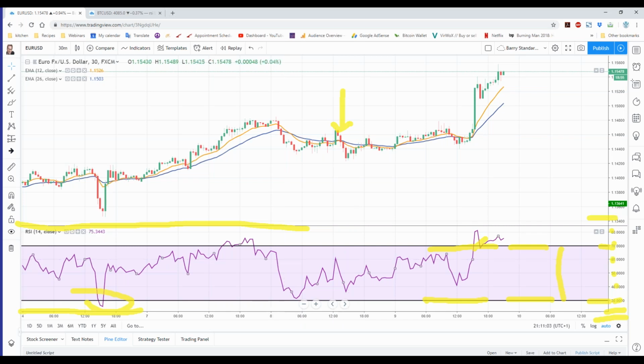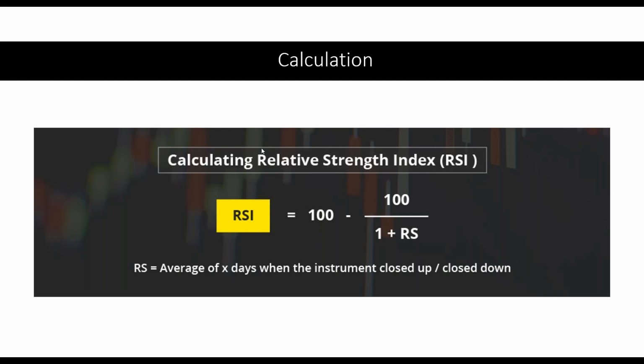But before we can get on with how you would actually use this indicator, let's go back and talk about how we actually calculate these numbers. So let me get my PowerPoint back up here on the screen. Okay. So our RSI calculation is very easy. RSI is equal to 100 minus 100 divided by 1 plus RS.